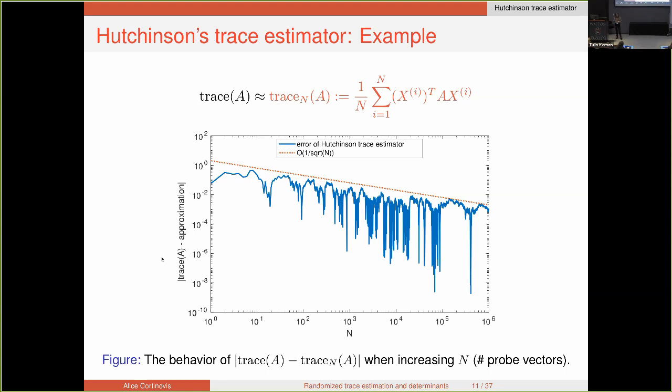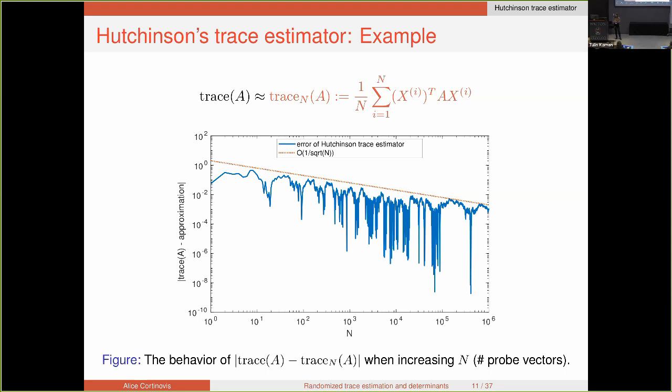So you see it's a super wiggly line because there's randomness in it, but overall it converges as 1 over square root of n, 1 over square root of the number of samples, which is what we would expect for a Monte Carlo algorithm.